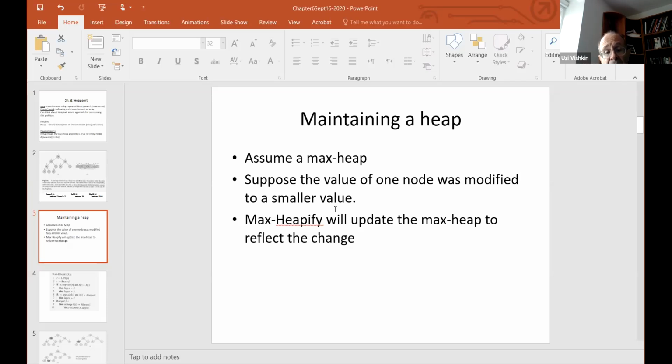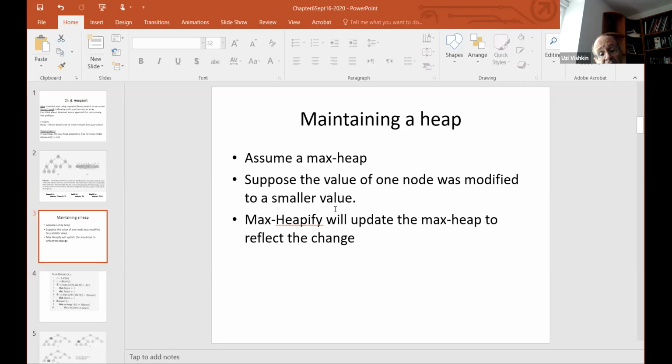what can go wrong? Clearly, if it was a legitimate max heap before, if the node had a value which was smaller than its parent, it will still be smaller than its parent, right? So that's not a problem. We are not expecting any infringement of the max heap property as a result in that direction.